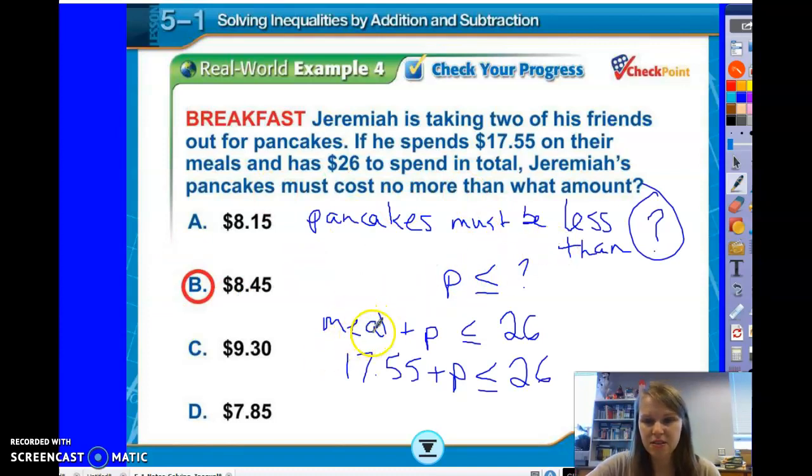I put the friends plus Jeremiah's pancakes has to be less than or equal to 26. So I plugged in 17.55 plus Jeremiah's has to be less than or equal to 26. So then what I did, if I subtract 17.55 from both sides, minus 17.55 minus 17.55, I end up getting this answer, 8.45 for my answer.